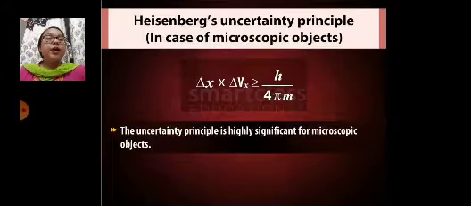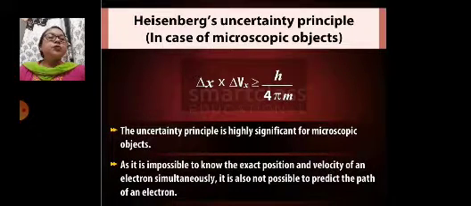In case of a microscopic object, delta x into delta vx is more than or equal to h upon 4 pi m. The uncertainty principle is highly significant for a microscopic object, as it is impossible to know the exact position and velocity of an electron simultaneously.